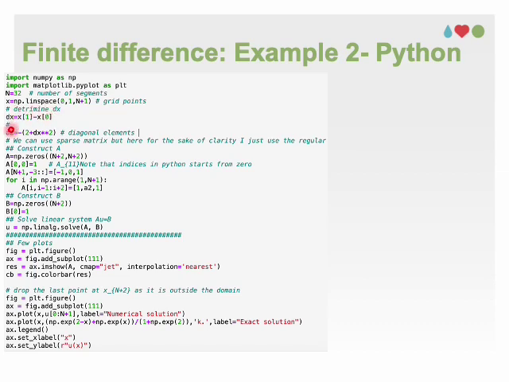We organize matrix A by setting the diagonal value to minus 2 plus dx squared and the off diagonal values to 1.